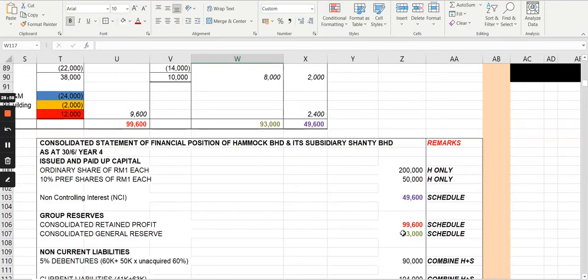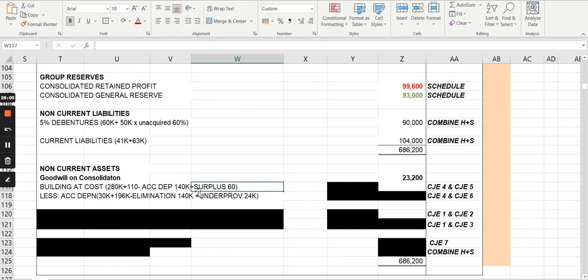Next, after you have done that, the surplus is added because we debit, and the accumulated depreciation because we credit the building account. So here you will have the cost combined to be 310. Now we go to the accumulated depreciation that will remain here.